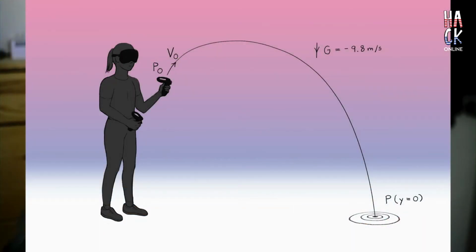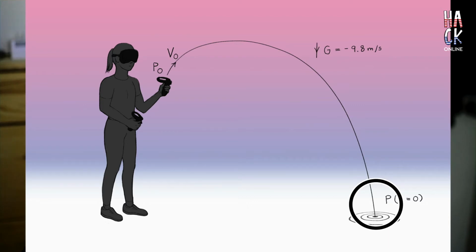So here is the model we're going for with our physics. And here is what we know. We know the starting position. The starting position is wherever the user is holding the controller. We know the ending height. The height is where it hits the floor, so the height is 0.